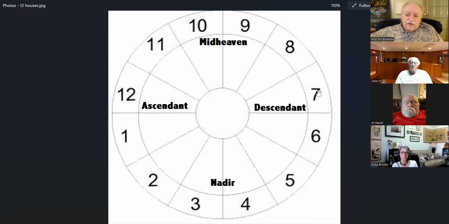So the seventh is the first house of the last six, and it is, in my opinion, no doubt, the Aries of the last six signs. This is the Aries of the first six signs. This is the Aries of the last six signs. Libra is the Aries of the last six signs.